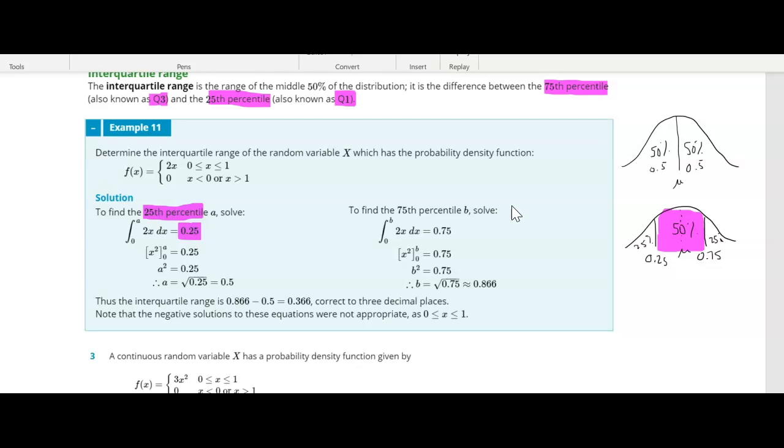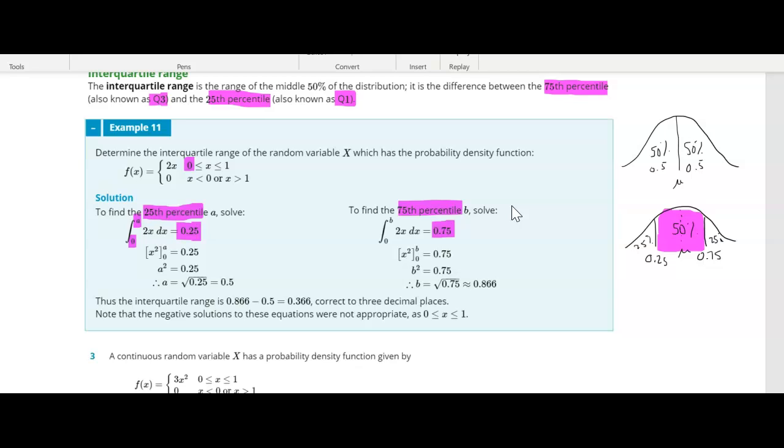So when we were doing the median, we let it equal 0.5. And we need to find the 75th percentile, so 0.75. And it's exactly the same thing that we did when we did the median. You have your lower limit, so in this case it's 0, so we're starting at 0, and you're going to some point.